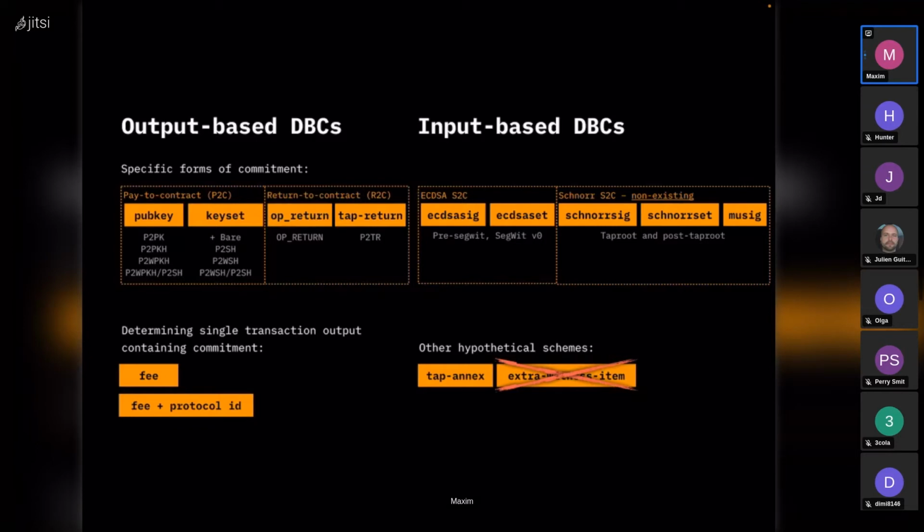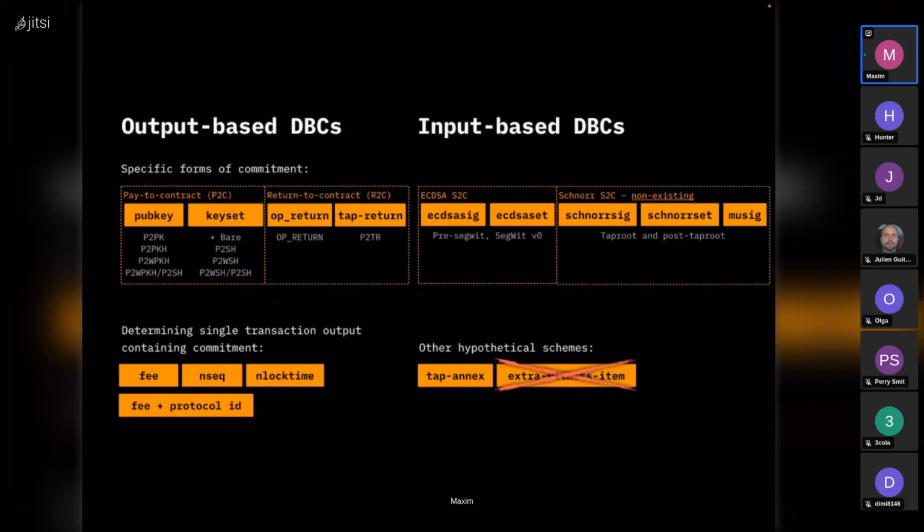And in addition to the commitment scheme, deterministic Bitcoin commitment requires a clear definition of which output contains the commitment. For that reason, we need a set of protocols which determine a single transaction output with the tweak. In RGB, as I said, we use fee plus protocol ID. We can also use just a fee to find the transaction output containing the commitment.